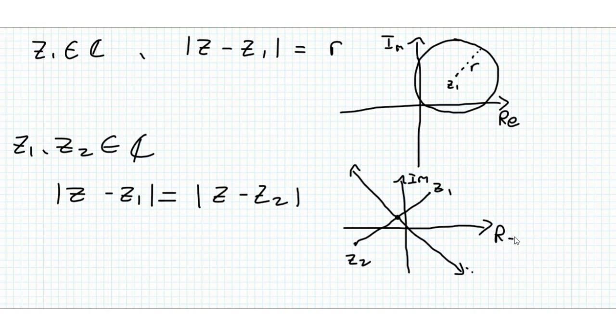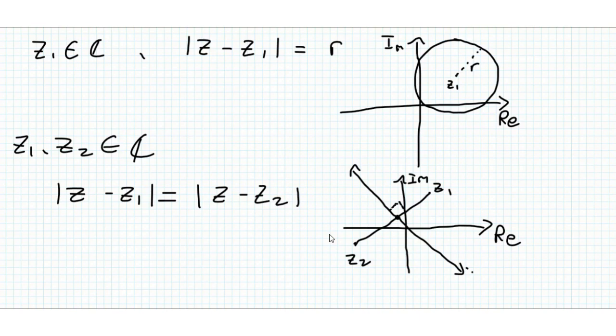And this line's perpendicular to our line between z1 and z2. So the points z that satisfy this equation are the points on the perpendicular bisector to the straight line between z1 and z2. Okay, so that's how you solve these setups.